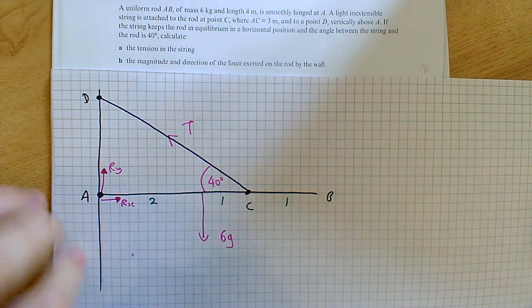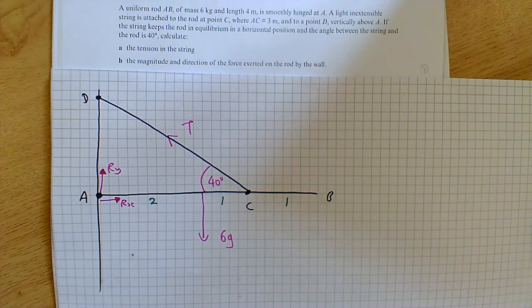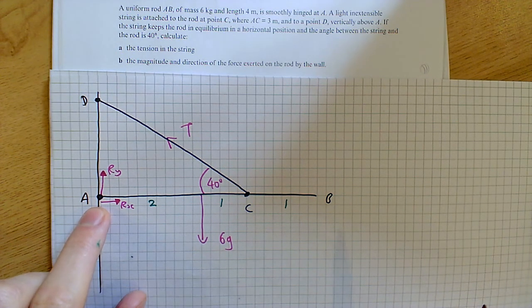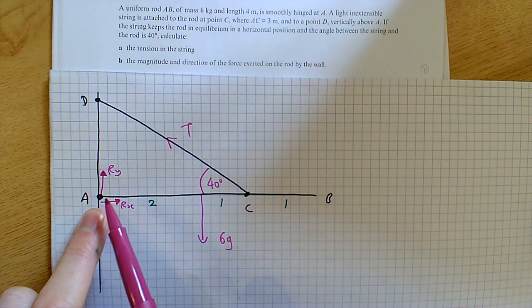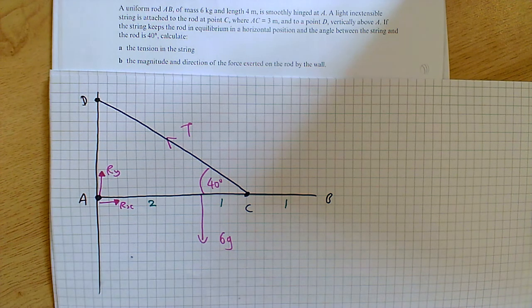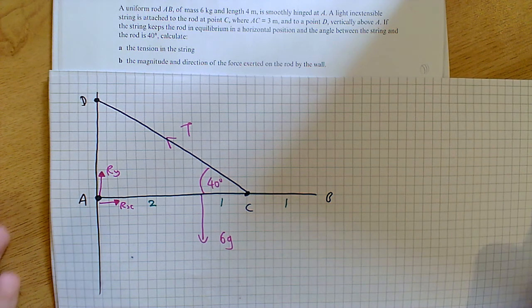Although in fact it's one force, I'm going to think of it as already split into horizontal and vertical components. That's going to make it easy for us when we try and resolve in the different directions. And that's all because it's hinged. A hinge stops movement and will put reaction forces in place to make sure there is no movement at that point. That point A cannot move. Imagine the metal hinge fixing it in place, and there can be a reaction force in any direction that is necessary.